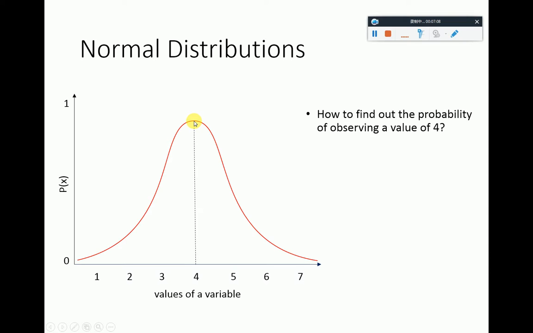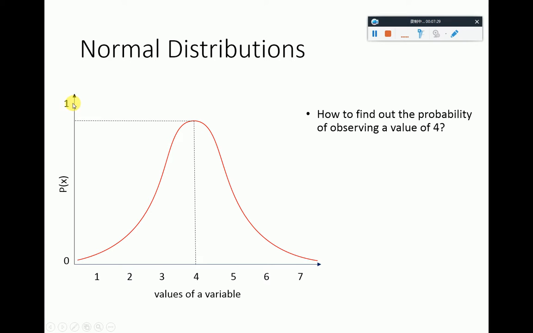And right at the point of intersection, we draw a horizontal line, parallel to the x-axis, and make this line intersect with the y-axis. And this intersection point should be the probability of observing 4.